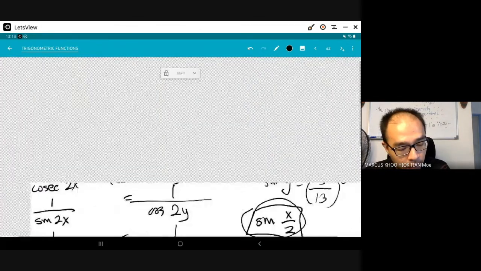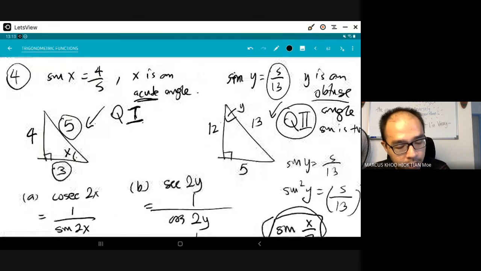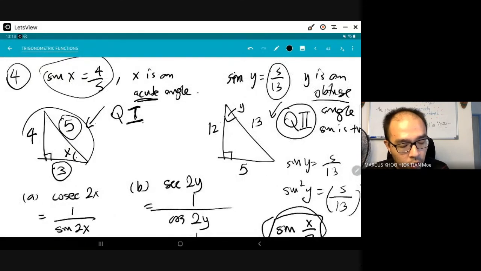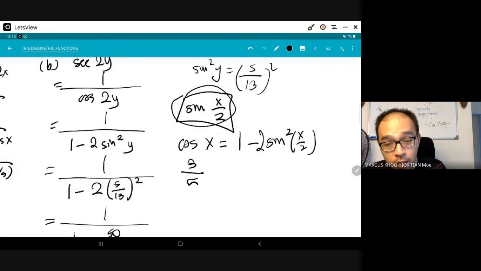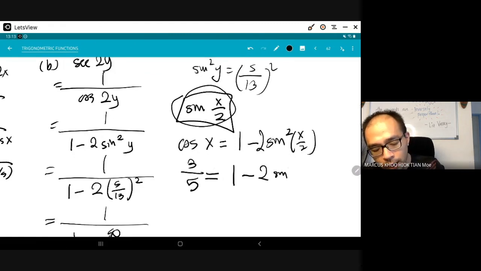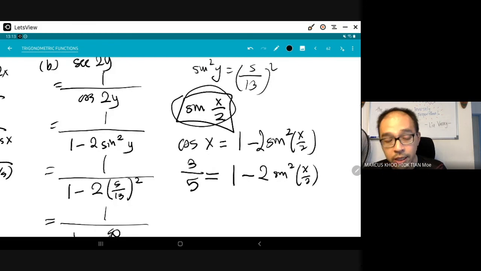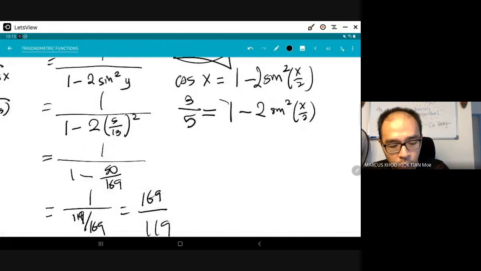From sine x over here, we can derive cos x, which is 3 over 5. So you substitute 3 over 5 here, equals 1 minus 2 sine squared x over 2. Can you find the sine squared x over 2? Can. Can you find the sine x over 2? Can. Okay, move the 1 across.